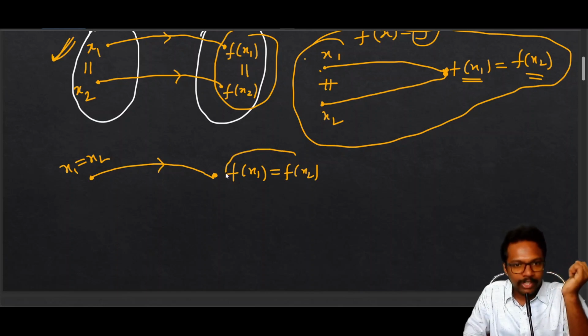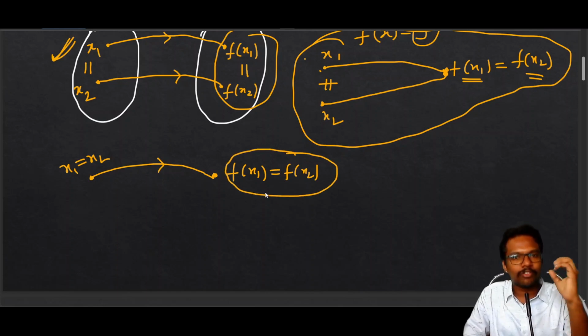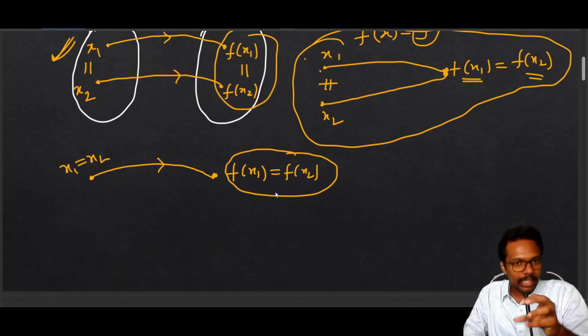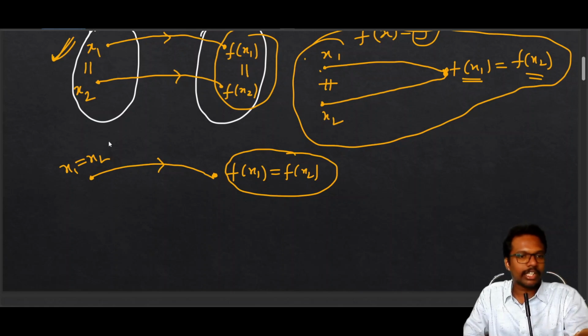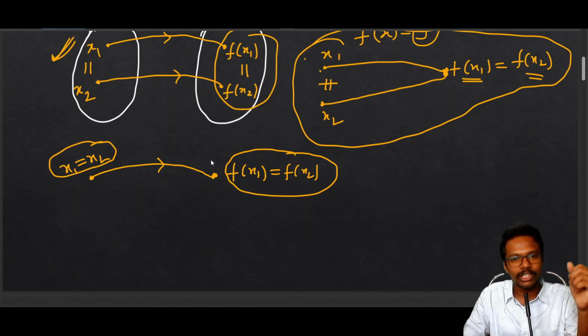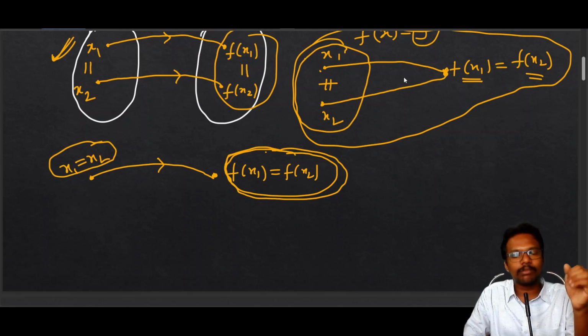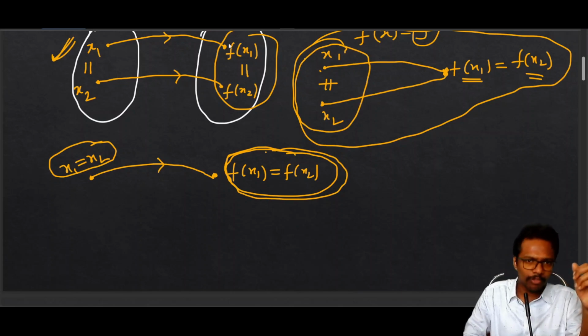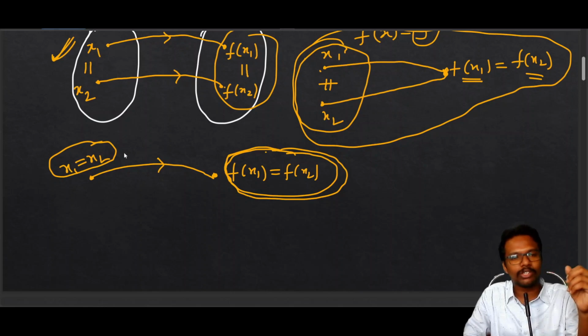So suppose I made f of x1 and f of x2 equal, and spontaneously x1 and x2 also become equal, then it is a 1-1 function. After considering f of x1 and f of x2 equal, if x1 and x2 are not equal, then it is a many-one function. If these two become equal, then it is a 1-1 function.